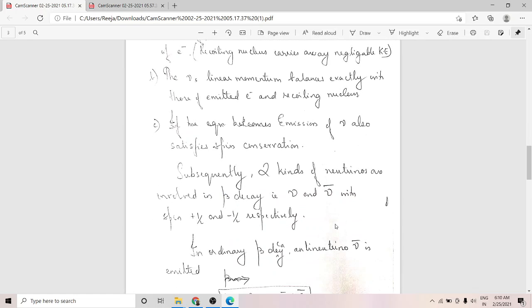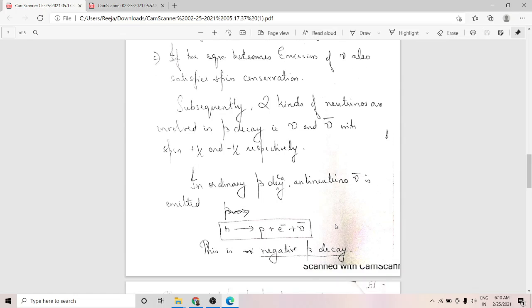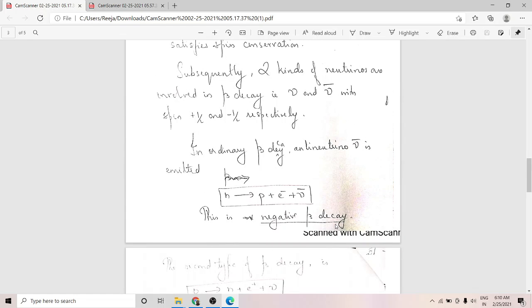So based on all these things, two kinds of neutrinos are involved in beta decay. This is what I told you just now: neutrino and antineutrino, one with spin half and the other with spin minus half. In the ordinary beta decay, antineutrino, nu bar, is emitted. That is, neutron getting converted to proton and electron with the release of antineutrino.